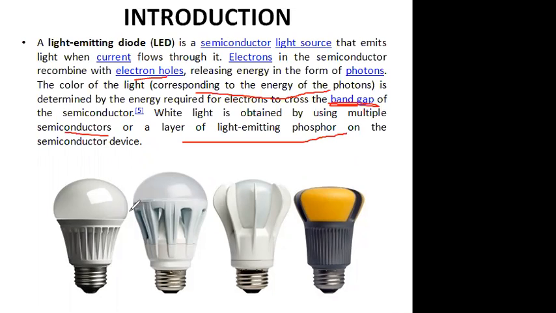In the case of LED, we also use multiple semiconductors or a layer of light emitting phosphor for emitting the white light. So these are some pictures of different types of LED.